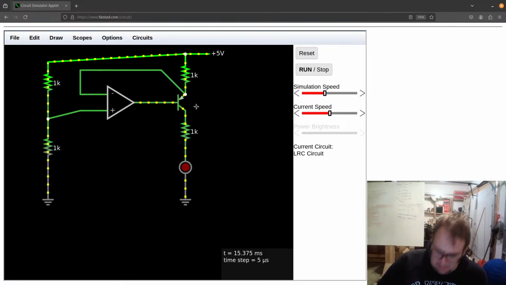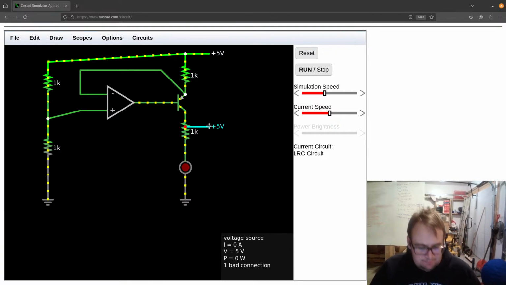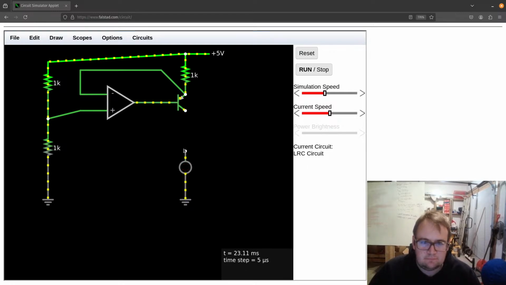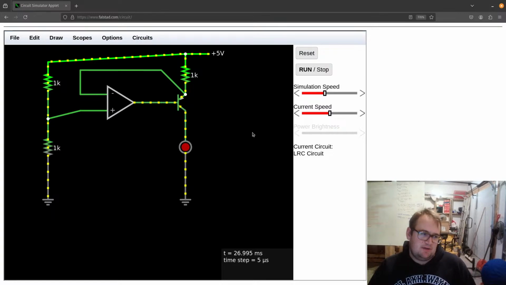Wonder if it has... If I go, oops. Let's just go here. Yeah, so now we have 2.5 milliamps.